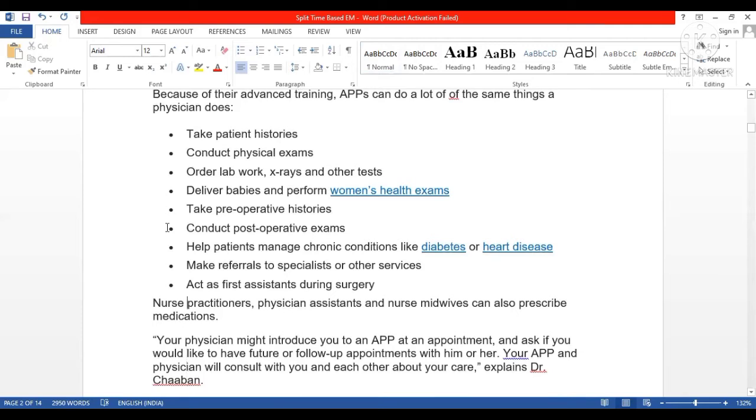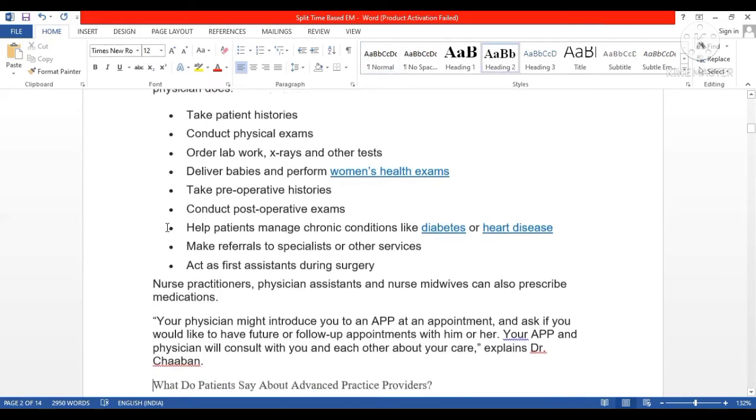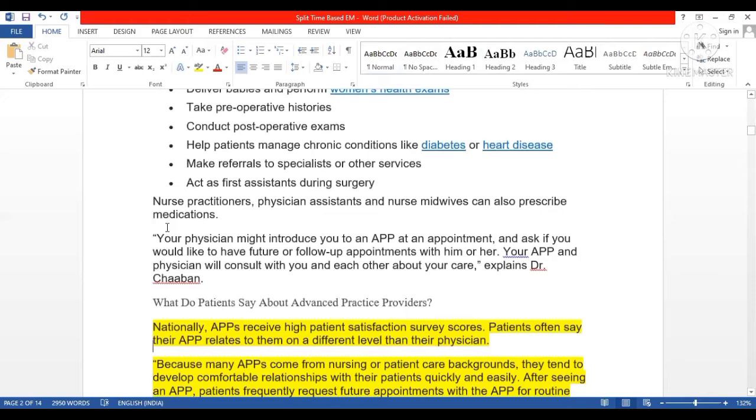Nurse practitioners, physician assistants, and nurse midwives can also prescribe medications sometimes. Yes, your physician might introduce you. This is very important, so that your confusion about APPs is cleared.